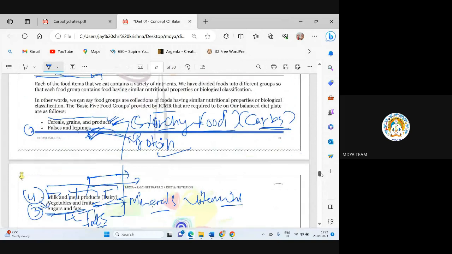You don't need to bother about that. The problem mostly occurs with vegetables and fruit. We don't change vegetables. We don't usually use seasonal vegetables. So the problem starts from here. If you are having vegetables and fruits, then there will be no deficiency.